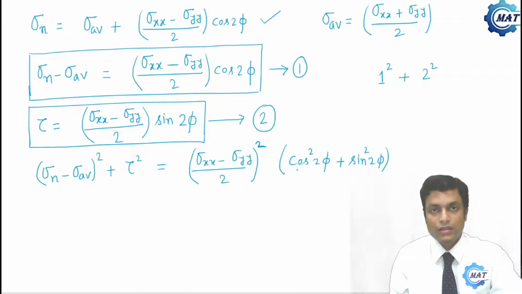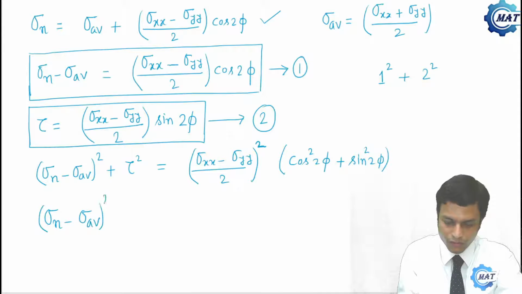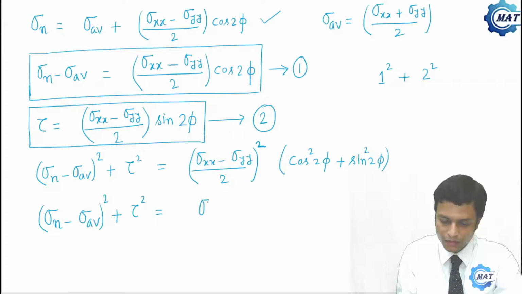Cos square 2 phi plus sin square 2 phi is nothing but 1. So sigma n minus sigma average whole square plus tau square becomes sigma XX minus sigma YY by 2 whole square.